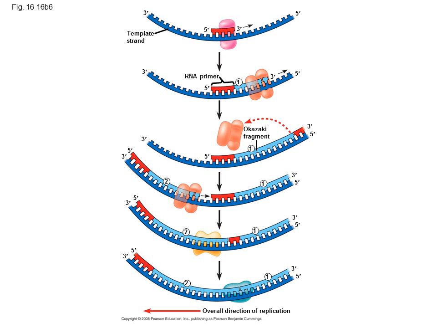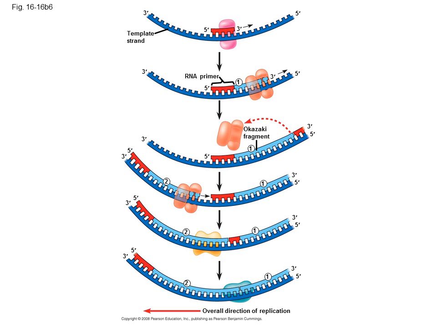So here we have a lagging strand. Up at the top you see the template strand. We build a primer, and then DNA polymerase is able to add to the 3' end of that primer, going from left to right. And the little piece of DNA that gets built in that process is called an Okazaki fragment.